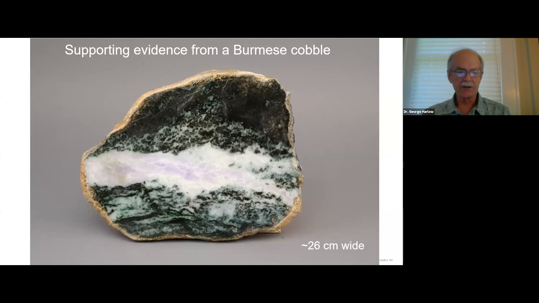Here is a picture of a sample that we were able to buy in Myanmar, which I think documents what we were talking about. So the center is the jade vein, and you'll notice that the color here is lavender, which is not the most common. It's actually quite a rare variety.